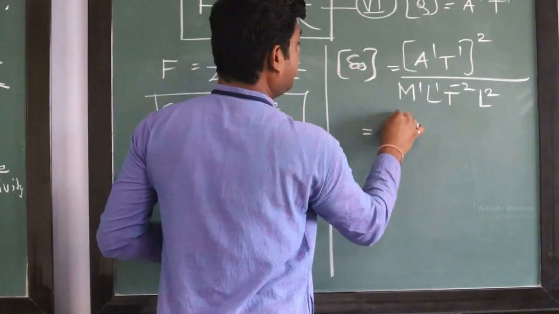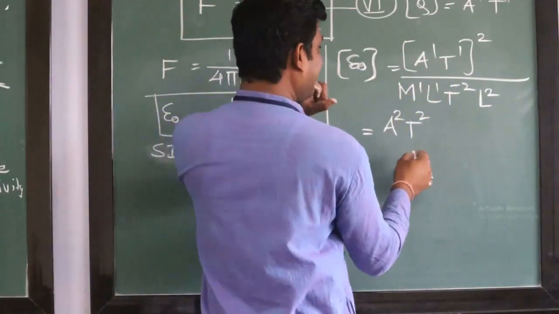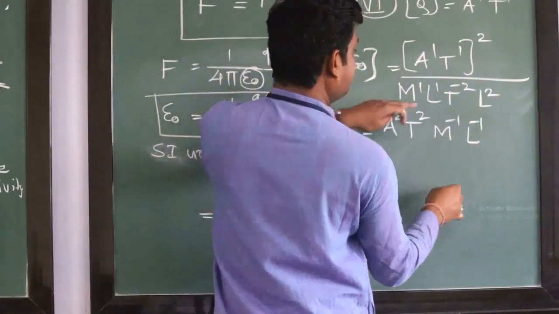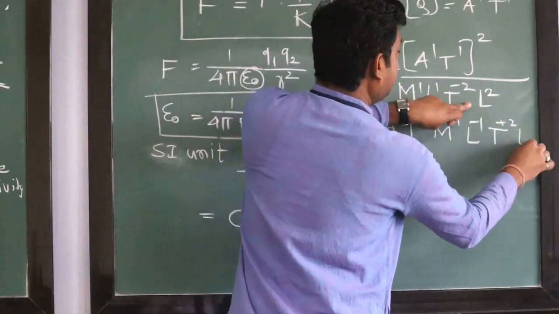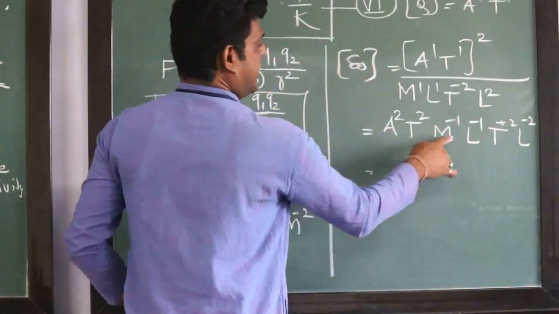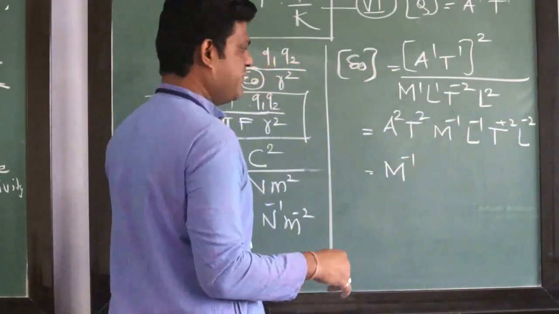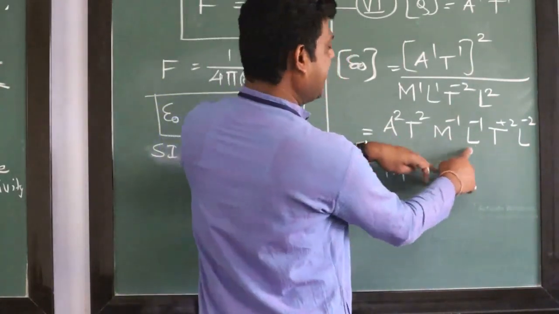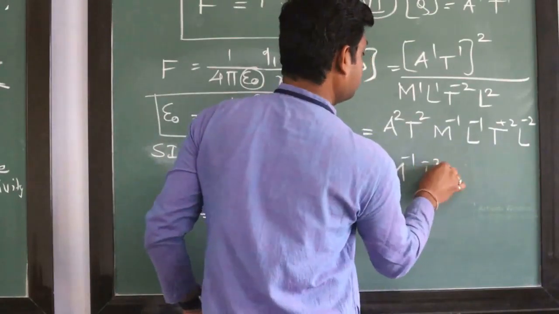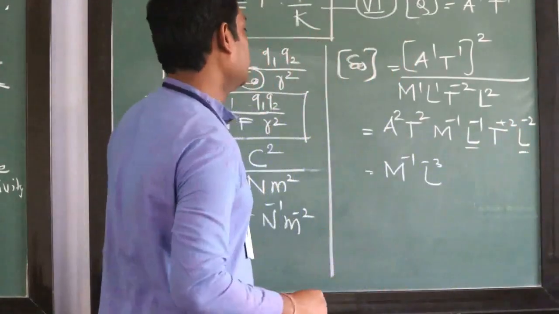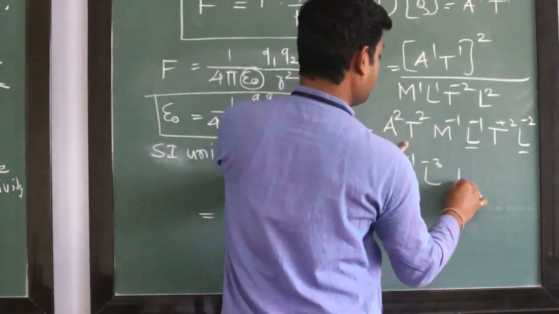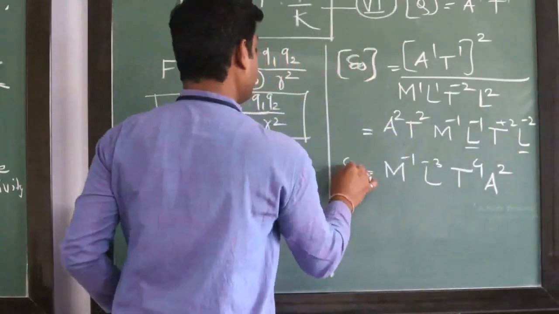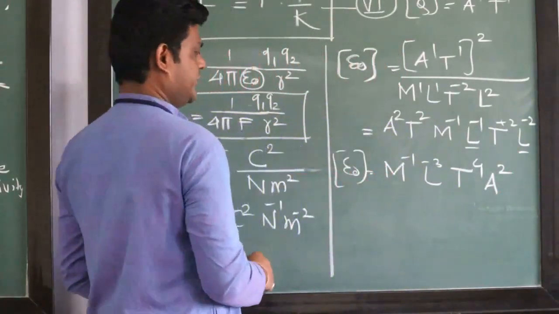Solving this, A raised to 2 T raised to 2 on top. Next, M raised to minus 1, L raised to minus 1, T raised to plus 2, L raised to minus 2. We write M raised to minus 1 first, next L raised to minus 3, then T raised to plus 4 and A raised to 2. So this is the dimensional formula for epsilon 0.